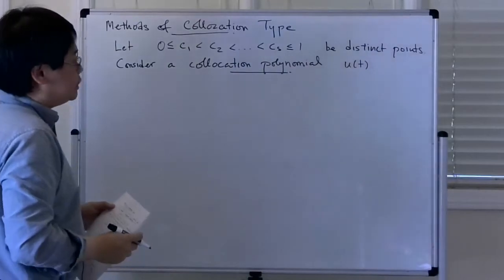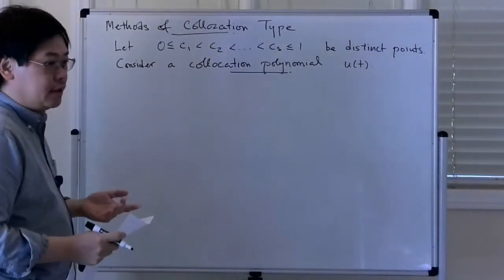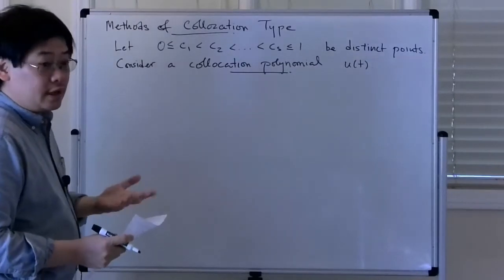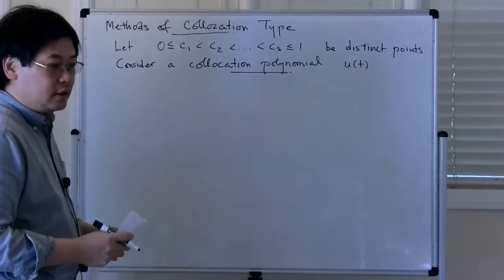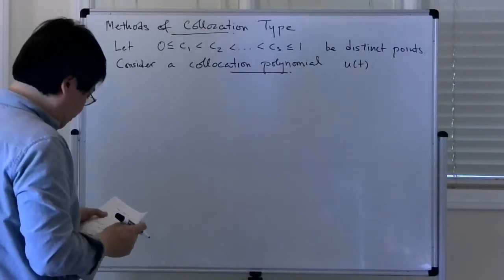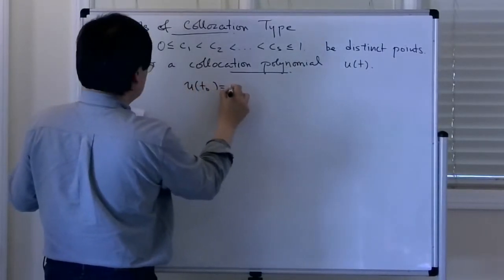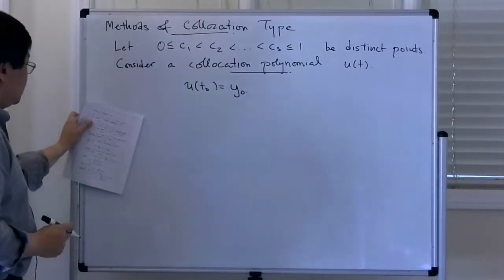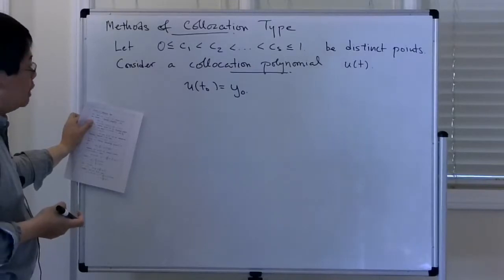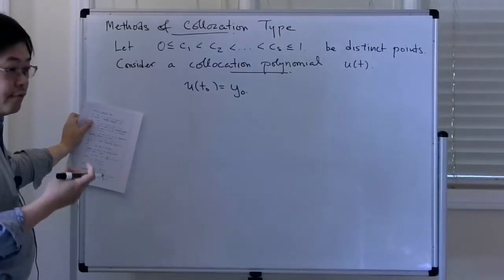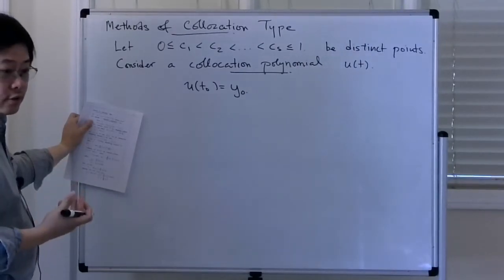So u(t) is something which you should think of as being a discretization of the conditions for something being the solution of an initial value problem. You know u at t0 is some initial condition y0. And if you had an honest to goodness initial value problem, then for every time that curve u(t) is going to satisfy a differential equation.